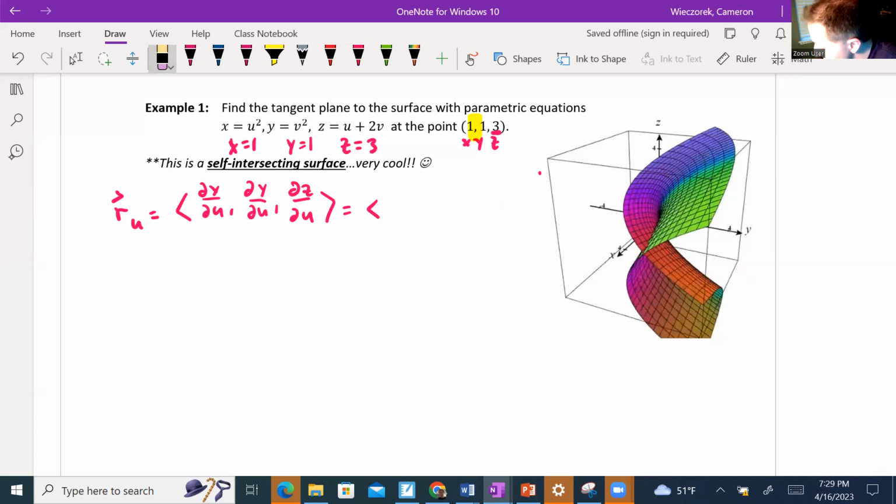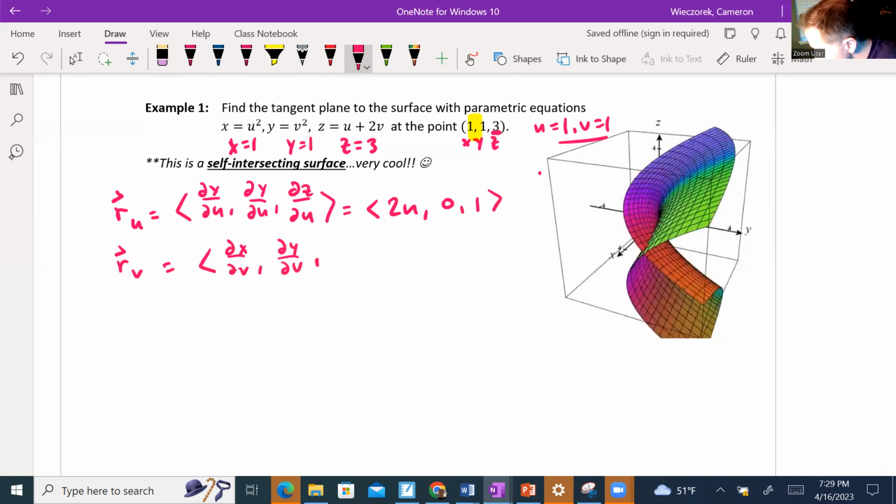We said u is going to be 1 and v is going to be 1. We get 2u, we get 0, and we get 1. Then I'll do the same thing with v. RV is going to be dx/dv, dy/dv, dz/dv, and we get 0, 2v, 2.